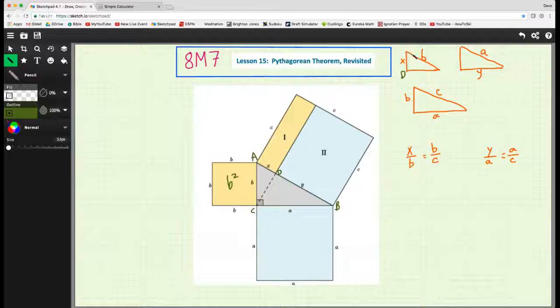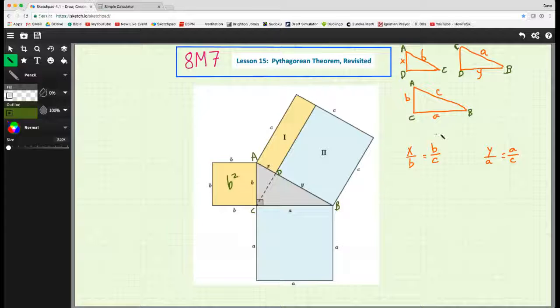And this is our A. And this is our C. Okay, and over here, this is our D. And this is our B. And this is our C. And here, this is our triangle. This is our A. And this is our C. And this is our B.